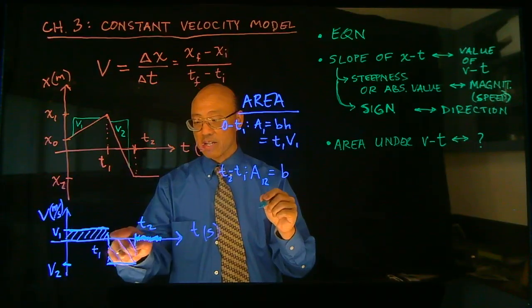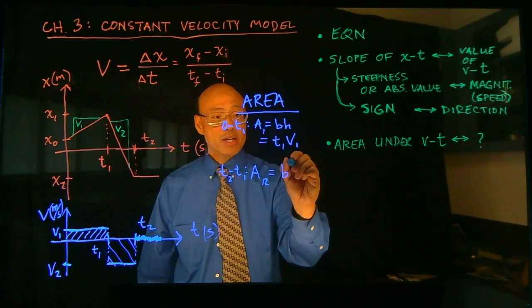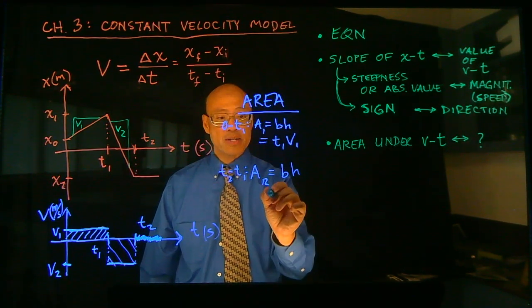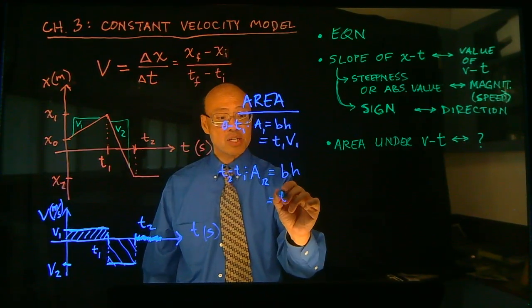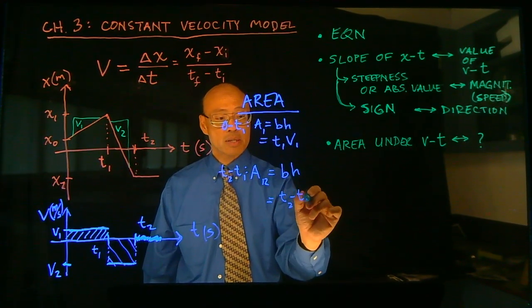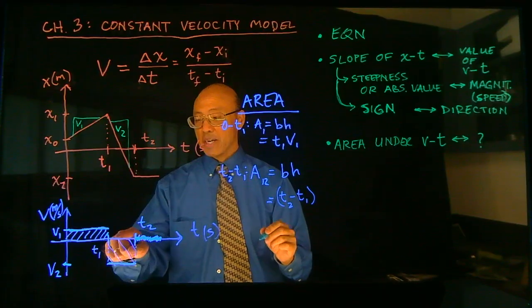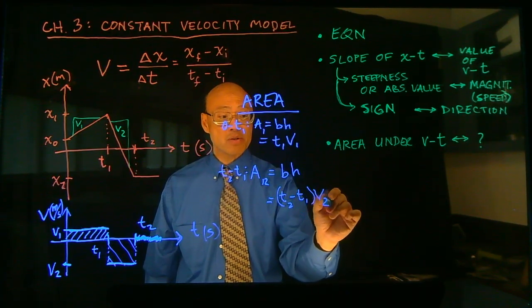Because it's constant, I get a rectangular shape, and area is equal to base times height. What's my base? It's actually t2 minus t1. What's my height? It's actually V2. And remember, V2 can be negative.